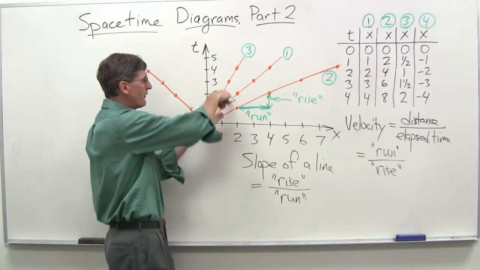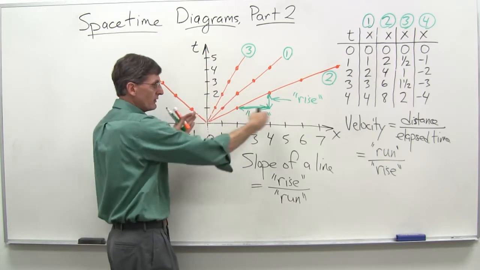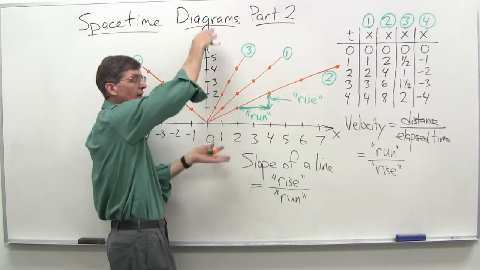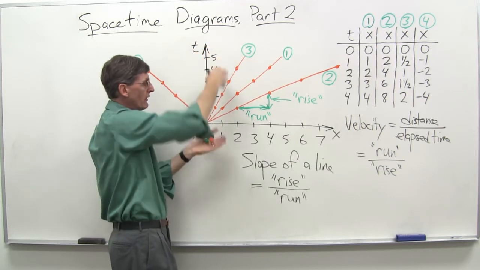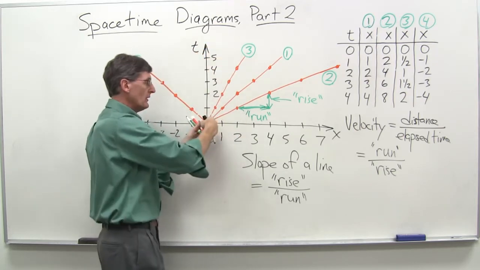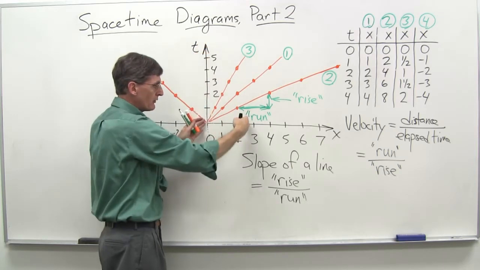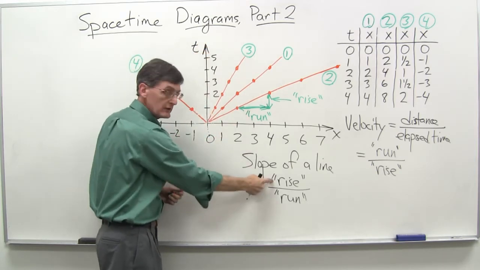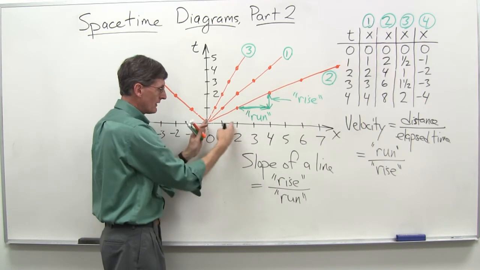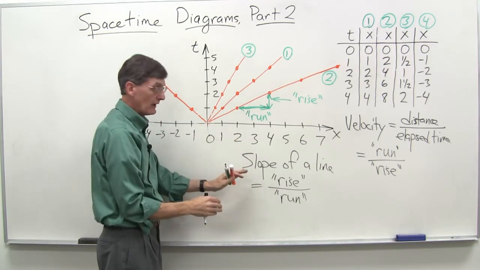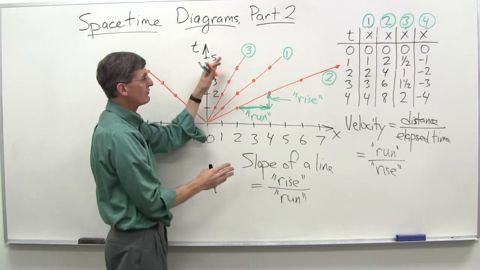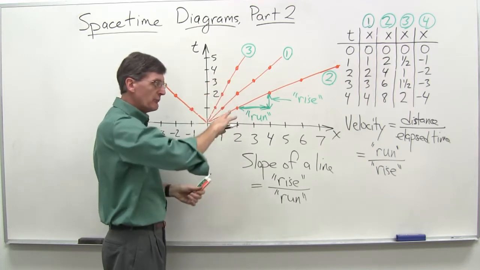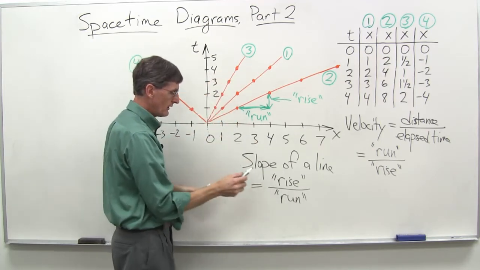It's how far does it rise within a given run. So what's its y value for a given x value? If you have a large difference in y for a small difference in x, you have a big rise. A big rise over a relatively short run gives you a larger number for the slope and a steeper line.